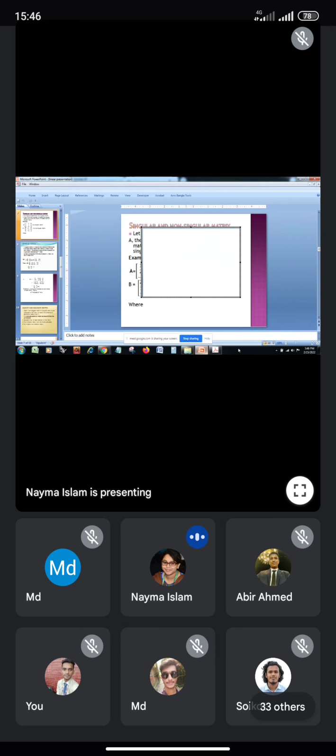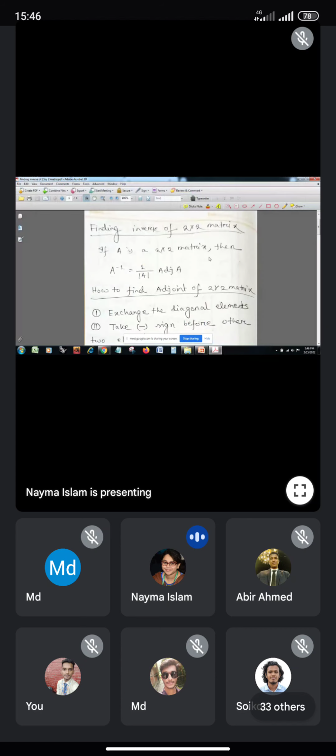Just remember that if the determinant is zero, it will be singular, and if the determinant is not zero, it will be non-singular. Just remember this. It will be more clear when we do the inverse matrix. Okay, I'll show this again.